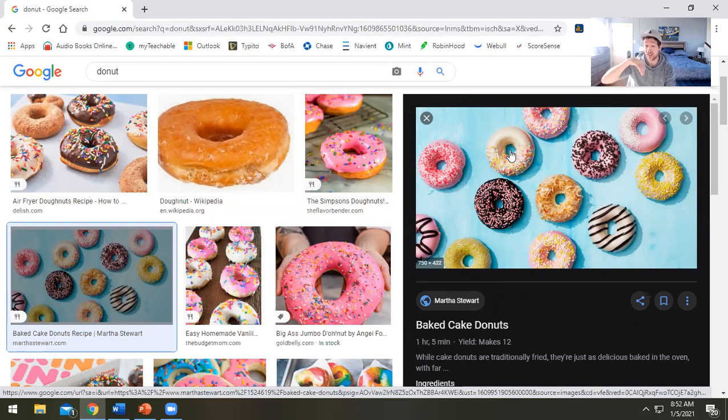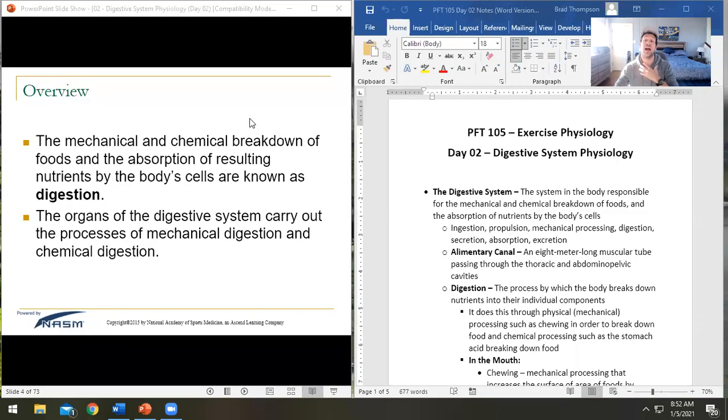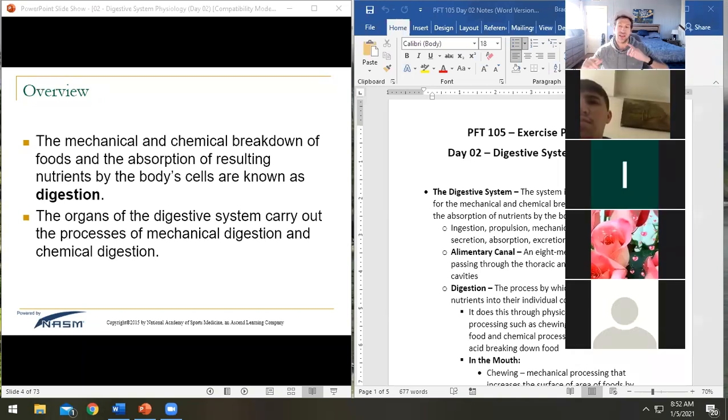It's sitting in the donut hole, but it's not in the donut, right? Well, that is exactly how your digestive system is. Your digestive tract, your alimentary canal is what it's called, is an uninterrupted tube all the way from start to finish out the other end.